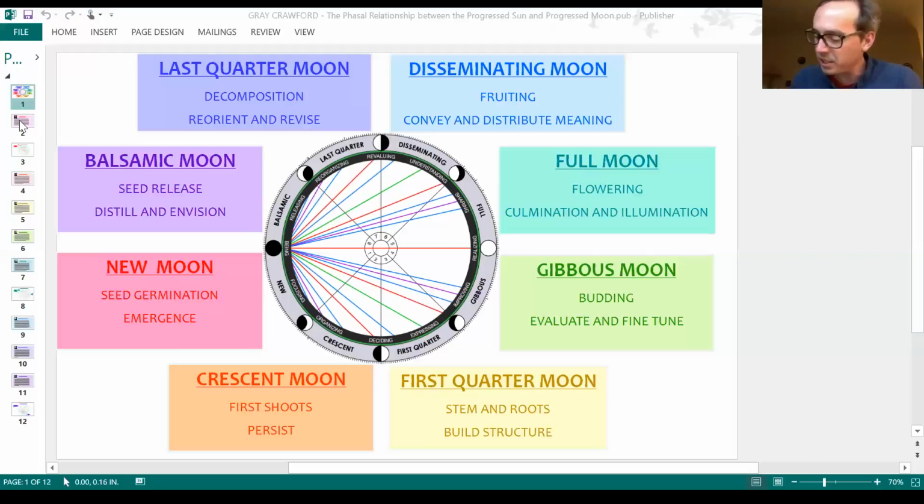So what the secondary progressed moon really tells you is this: it really shows how the internal landscape across time is changing. It really helps reveal the life story of the person that you're working with or yourself.